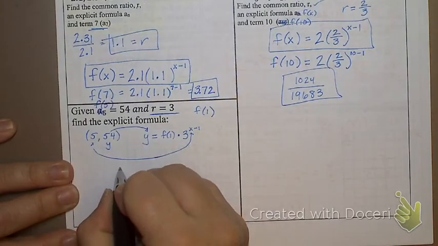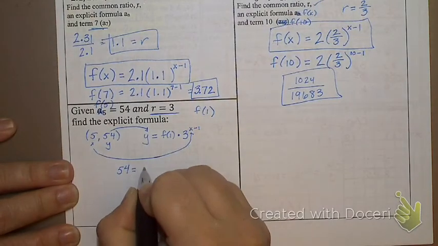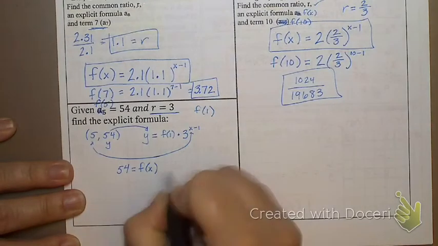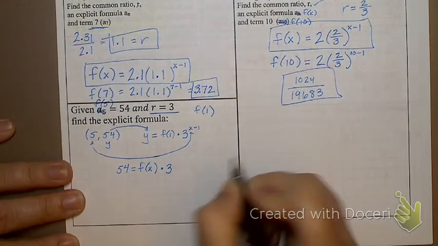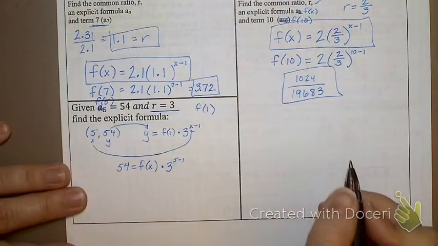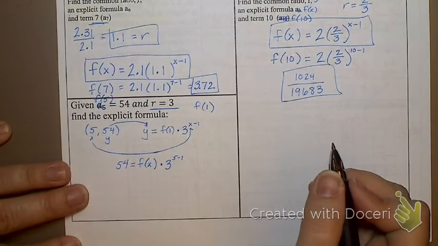So 54 equals the first term times 3 to the what? 5 minus 1? Do you follow?